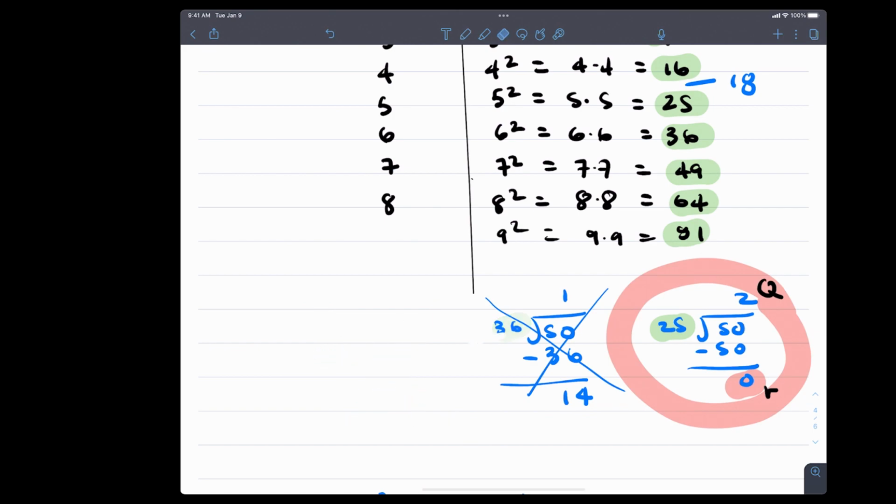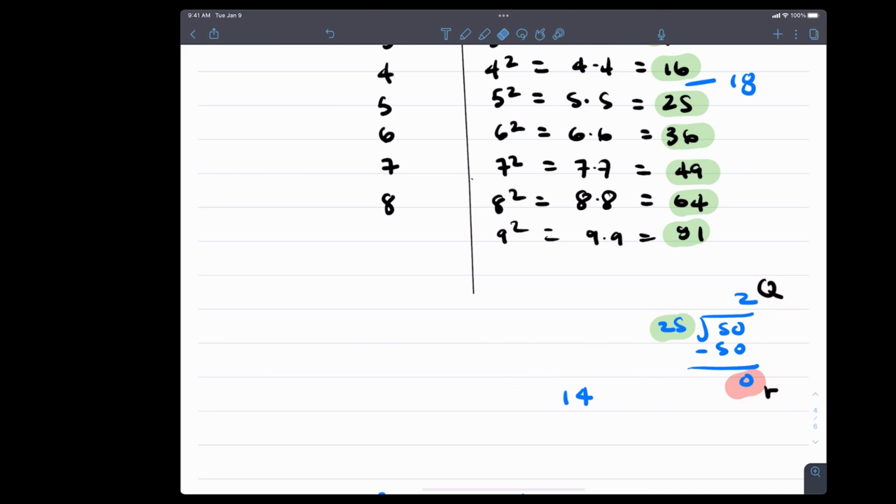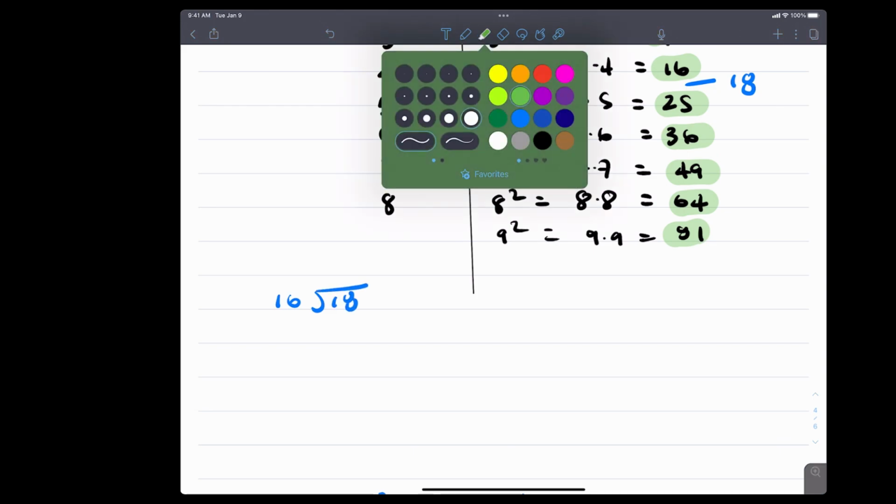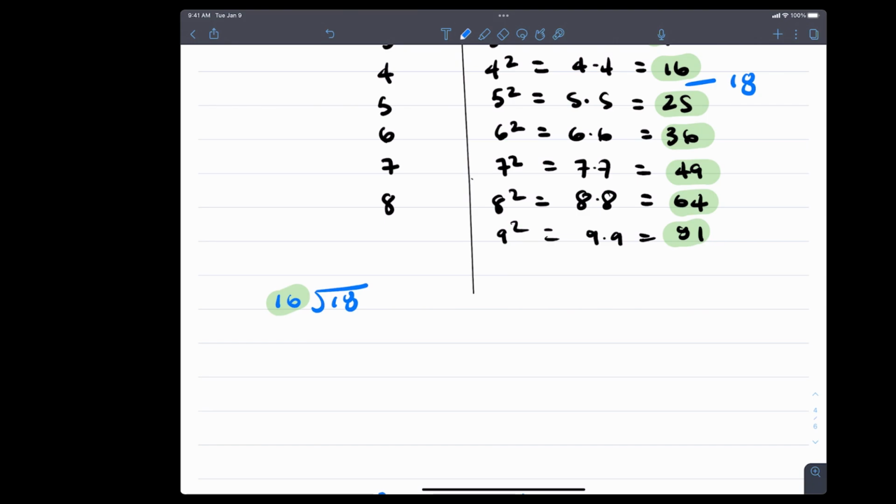We're going to try to simplify that. Does 16 go into 18, right? We're going to check these perfect squares. How many times does 16 go into 18? Once. 1 times 16 is 16. Subtract. What's your remainder? So this isn't it.